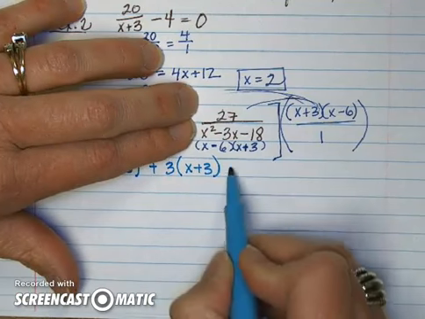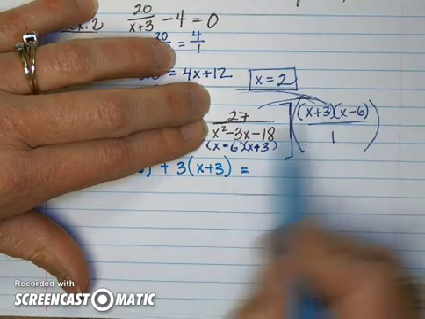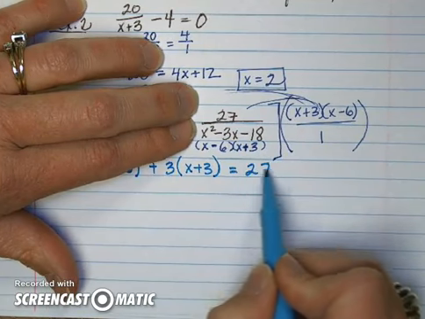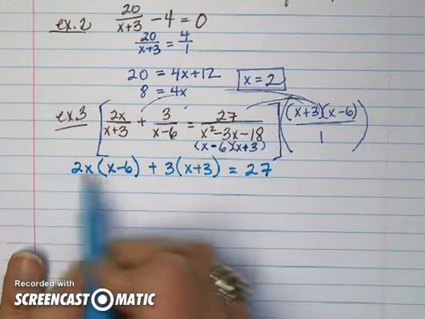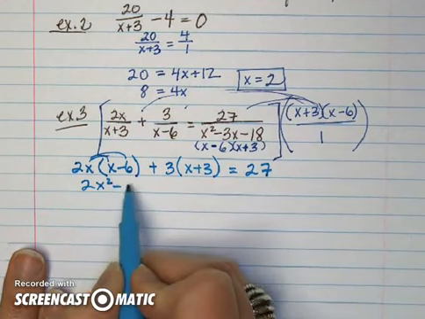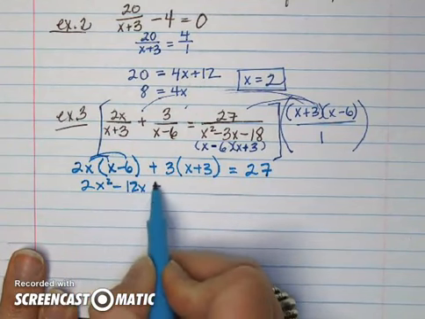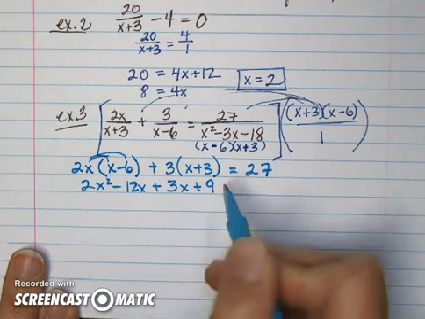Last fraction, they have the exact same terms, so I just have 27. They will reduce and cancel. Now let's clean that up. Distribute, I'm going to have 2x squared minus 12x plus 3x plus 9, and I'm going to bring that 27 over.